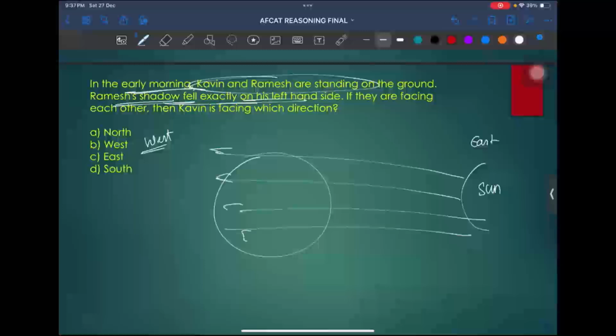Here they're telling us Kevin and Ramesh are standing on the ground, and Ramesh's shadow fell exactly on his left hand side.